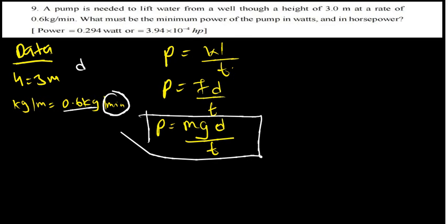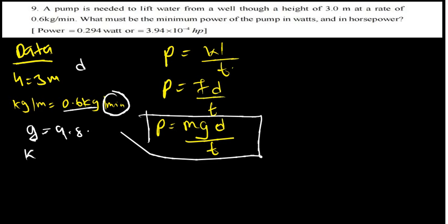At the same time, we have g, which is 9.8, meaning there's nothing difficult there, guys. If you are confused, this kg per minute is the mass over time.